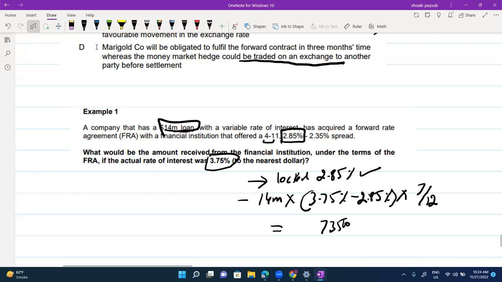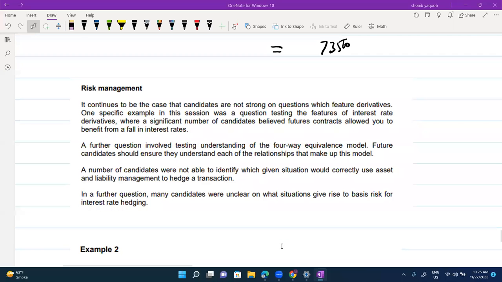Okay, please read these comments of the examiner. Risk management: it continues to be the case that candidates are not strong on questions which feature derivatives.